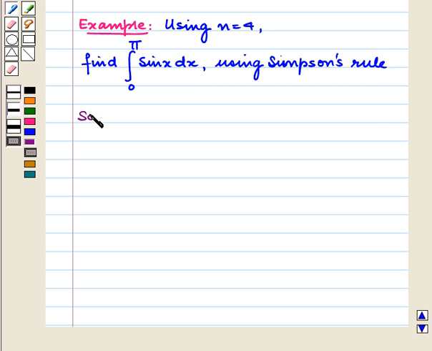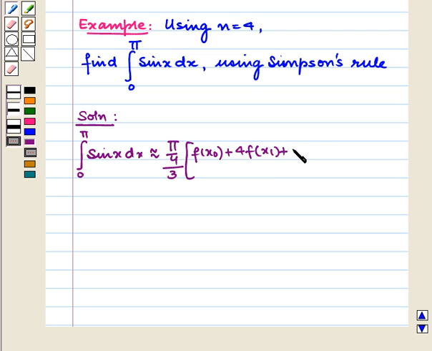So on applying Simpson's rule, we have the integral from 0 to pi of sin x dx is approximately equal to pi by 4 upon 3 into f of x naught plus 4 f of x1 plus 2 into f of x2 plus 4 into f of x3 plus f of x4.